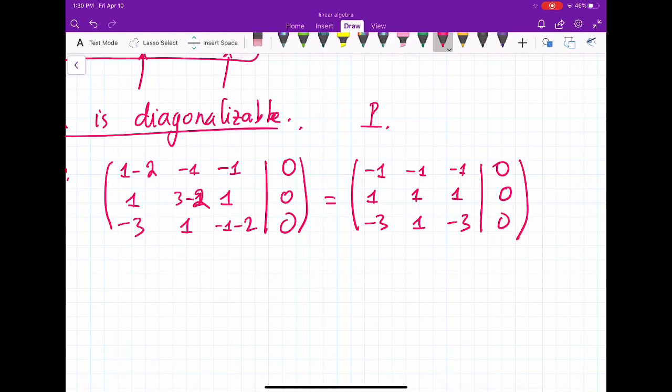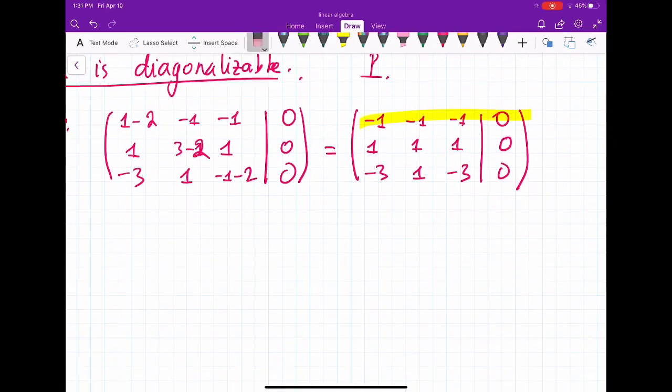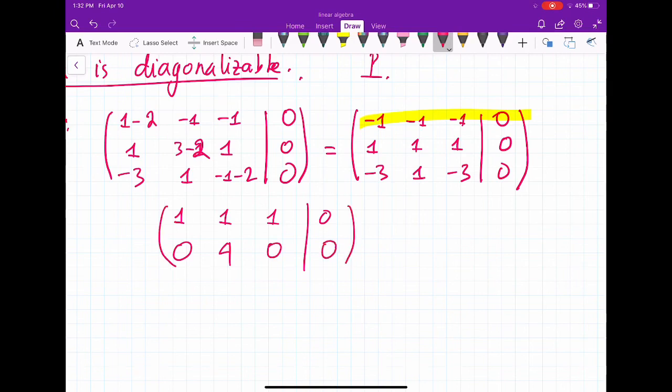So I might ignore the first equation because that is just a scalar multiple of the second one. Now I multiply the second row with 3 and add to the third, right? I get the following one. 1, 1, 1, 0 in here, 0, 4, 0, and 0 right here.